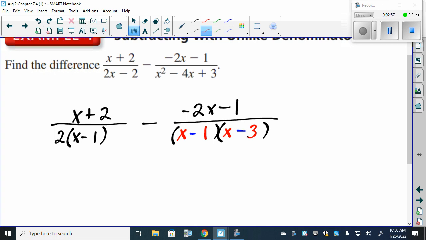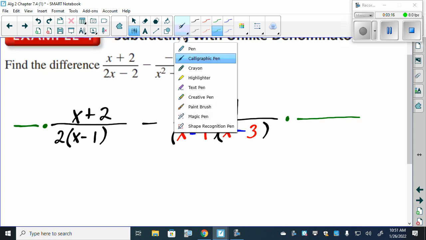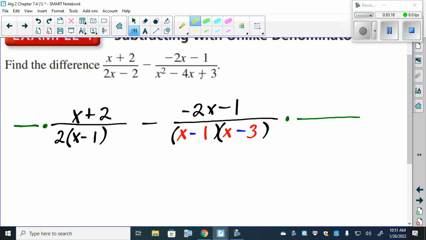Okay. Now we need to get the denominators to be the same. The way we can do that is multiplying the top and bottom of each of these expressions by a certain set of terms. Get the highlighter out.